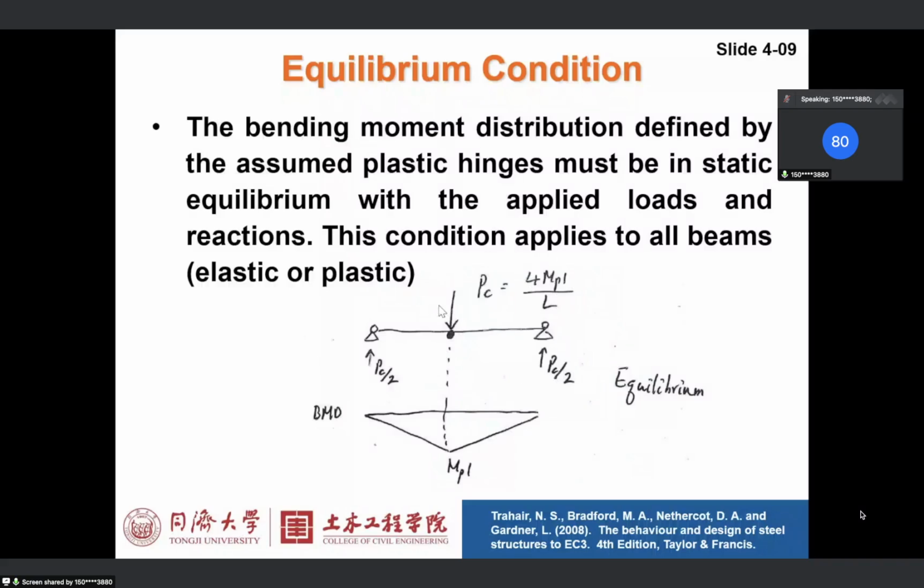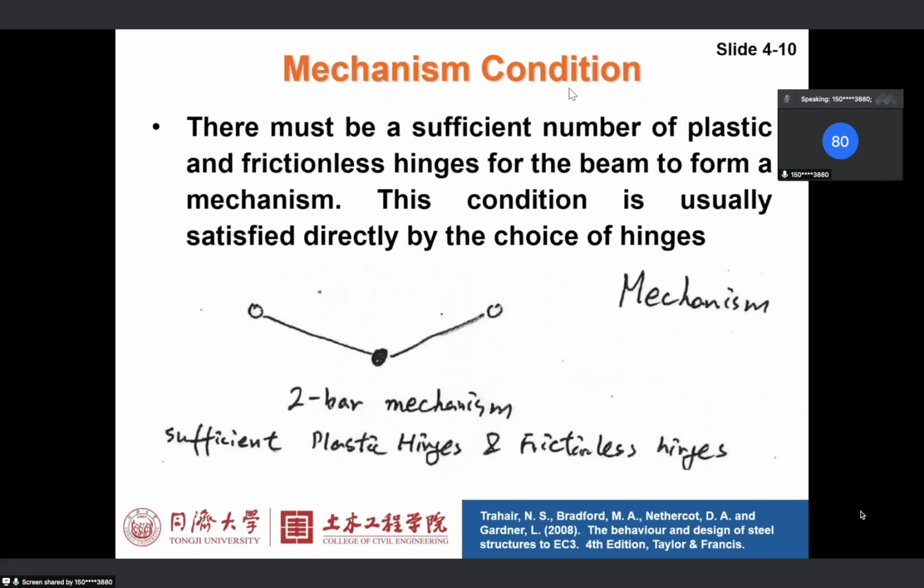What you need to do is make a free body diagram of an isolated part of the beam and make it an equilibrium condition. So if you make these calculations based on equilibrium, this condition is always satisfied. You don't need to worry about that.